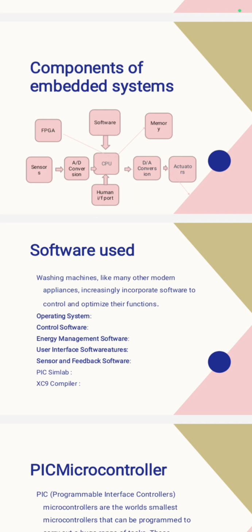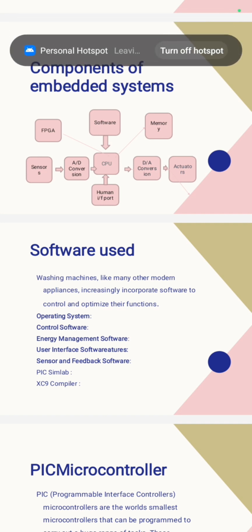The components of an embedded system are: CPU, software, memory, digital to analog converter, analog to digital converter, sensor, actuator, FPGA.